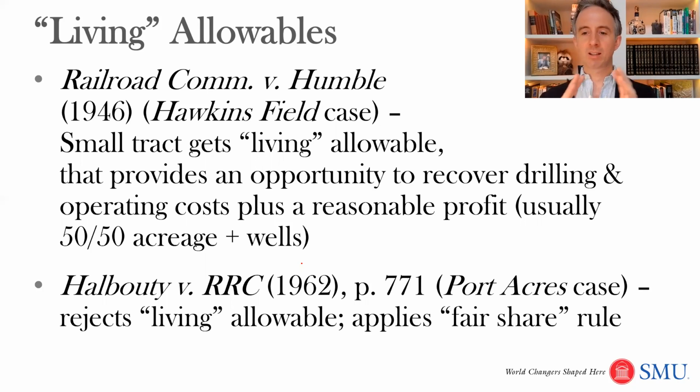And that just says, enough with the craziness, because the problem was all these tiny little, especially if you had a development, suburban properties, et cetera, you'd get tiny little wells all getting living allowables, so producing mostly from the field, and it's almost as bad as the original days rule of capture that you all saw, those pictures of Huntington Beach, or Venice Beach, just well after well, right next to each other. So the 1962 case says, no, we're going to go with a fair share rule, which basically tends to be acreage, so no more living allowables.